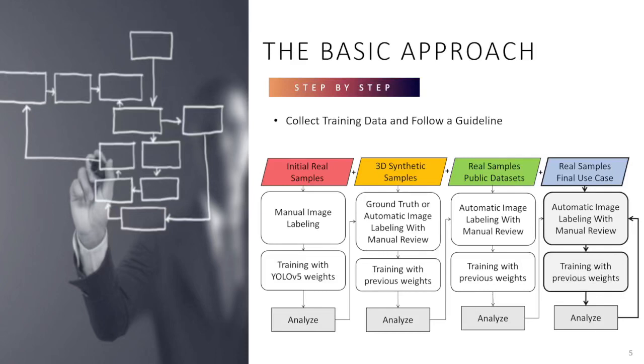The final phase would be the final deployment, where you gather the images from the final use case and do automatic labeling, manual review, train with previous weights, analyze, and repeat. That would be an infinite cycle for the model.